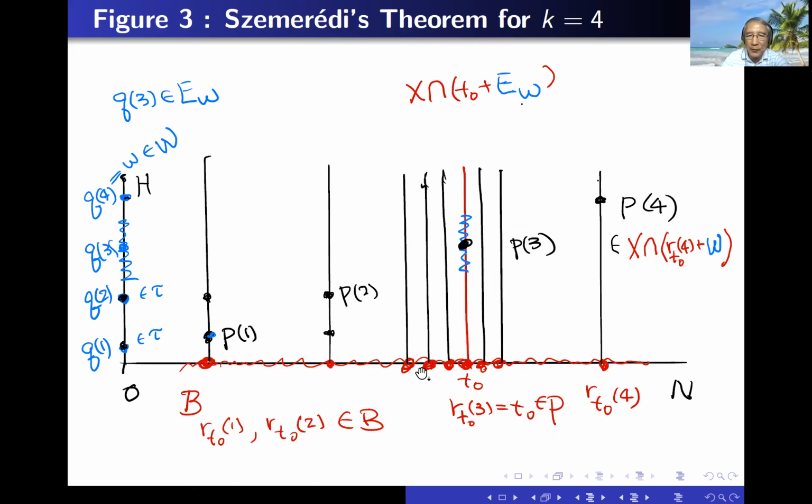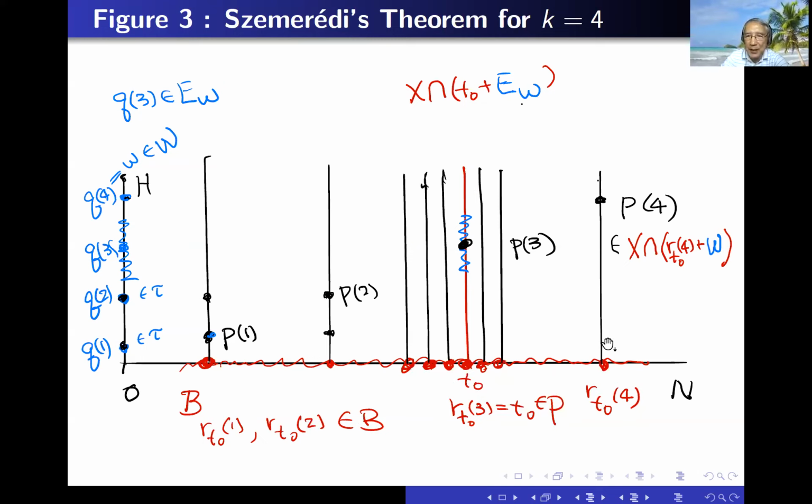Those T0s form a measure 1. Therefore, I can have hyperfinite consecutive P's as the arithmetic progression. The first 2 elements belong to B, and the 4th element is free, but I just need one so that the X inside this piece have a measure alpha.